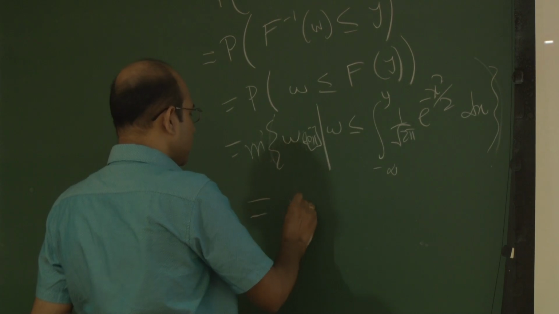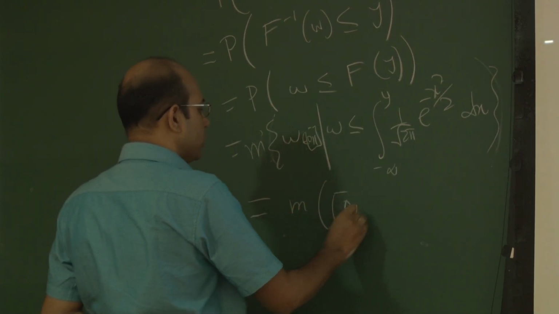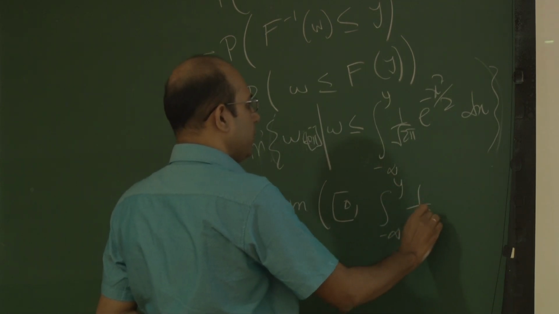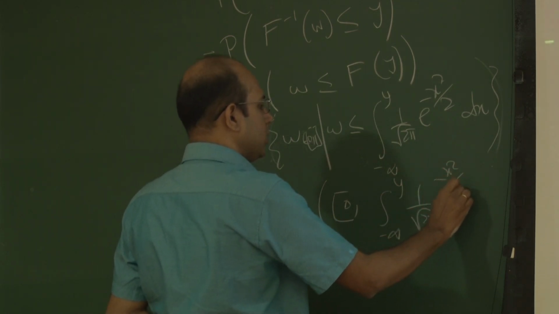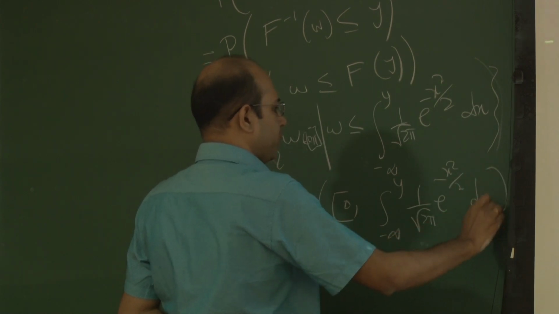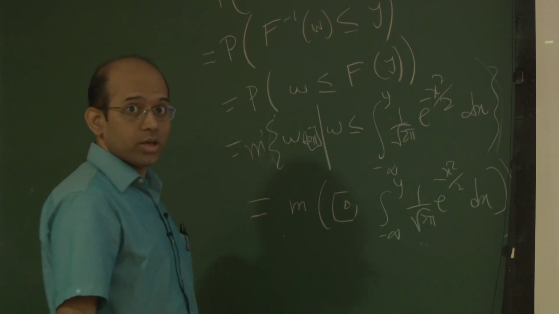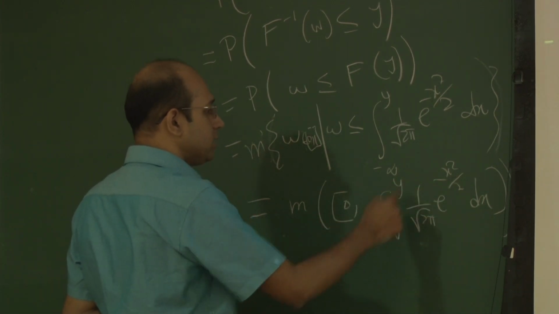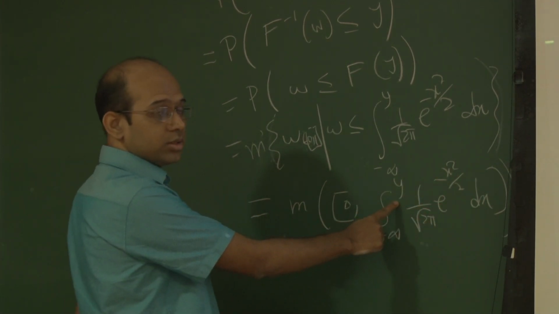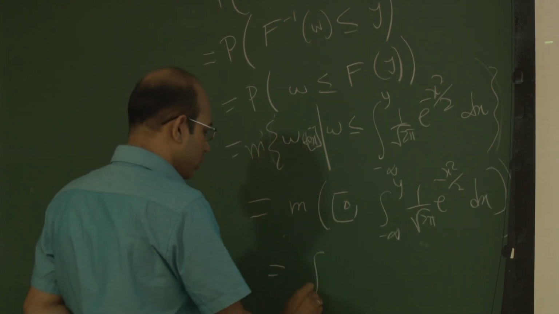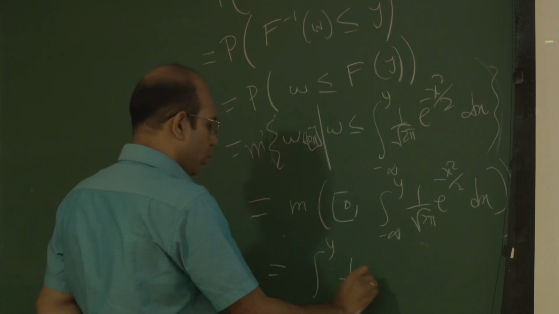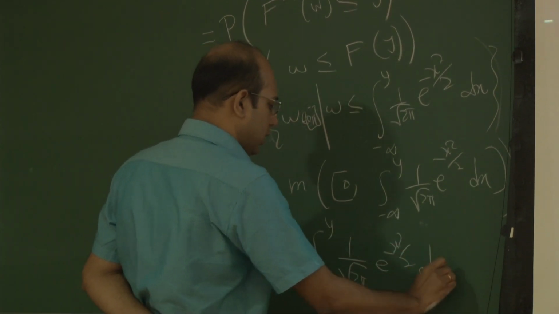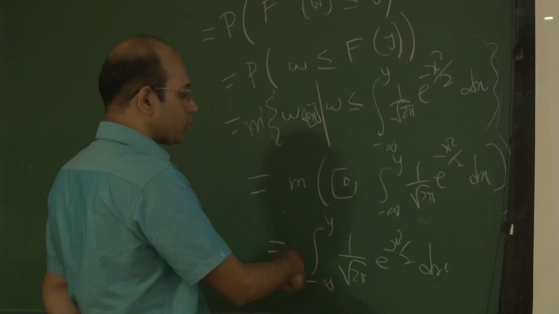So, it is nothing but the Lebesgue measure of the closed interval from 0 to the integral from minus infinity to y of 1 over square root 2 pi e to the minus x square by 2 dx. This interval's Lebesgue measure is its length, and the length is exactly this value, because this is a positive number. And what is this?